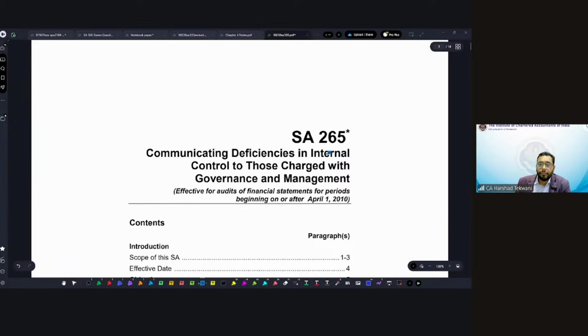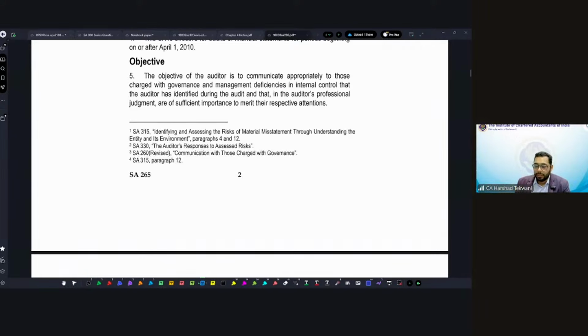Now we understand the objective of this particular standard. The objective of this standard is that the auditor has to communicate appropriately to those charged with governance and management about the deficiencies that they have identified in the internal control.